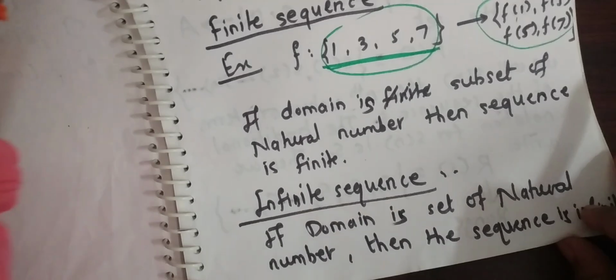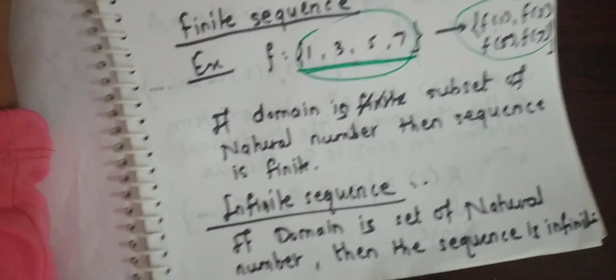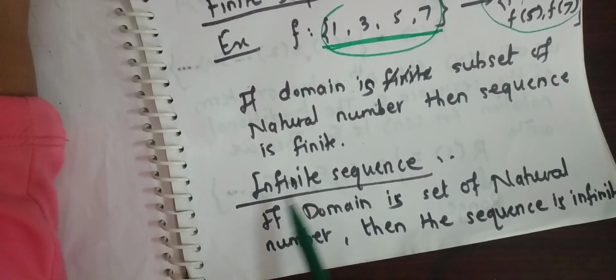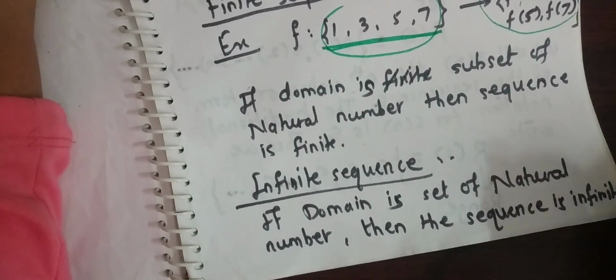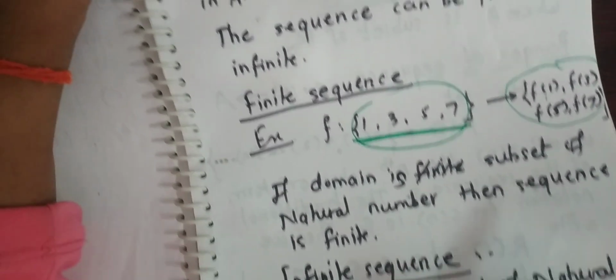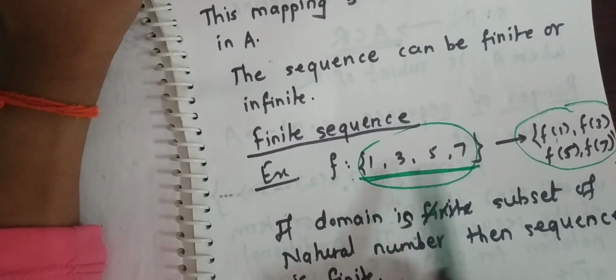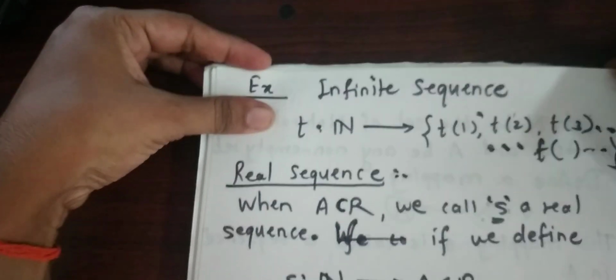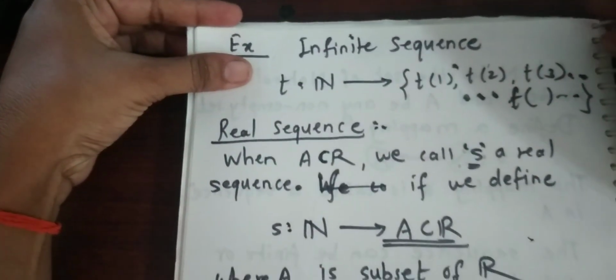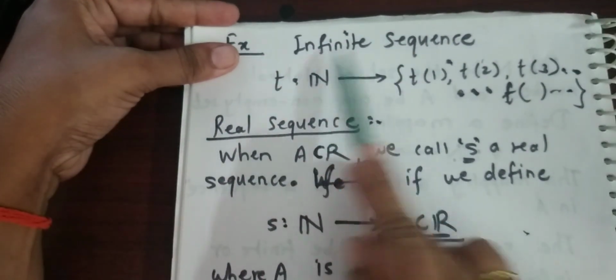Next, what is an infinite sequence? If the domain is the set of natural numbers, then the sequence is called infinite. In a finite sequence the domain is finite. If the domain is infinite, meaning the set of natural numbers, how many elements are there? We cannot count them.